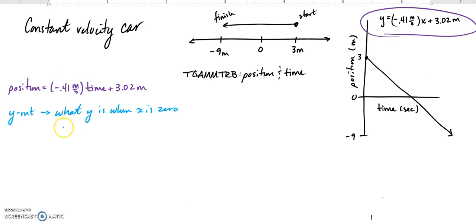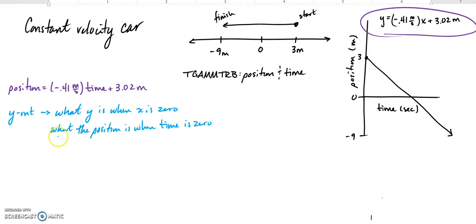So in this case, it's what my position is when time is 0. So you've got to think about that. It's basically where the car was when time started.